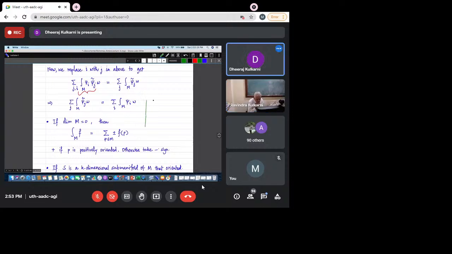So this is bringing together topology, measure theory, and the differentiable structure. So the n form defines a Borel measure.